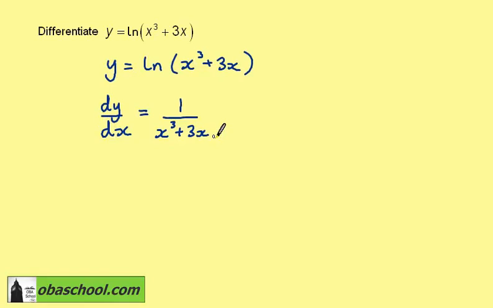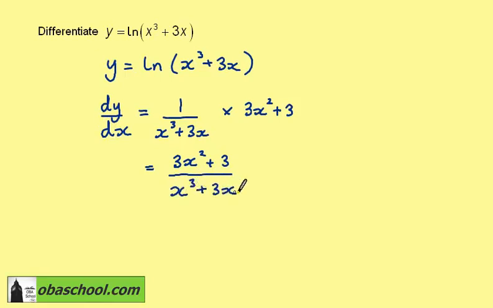So the basis of differentiating log of x cubed plus 3x is the 1 over x cubed plus 3x. But applying the chain rule, we now need to multiply by the differential of the inside function, which is 3x squared plus 3. Just tidying this, we get 3x squared plus 3 divided by x cubed plus 3x.